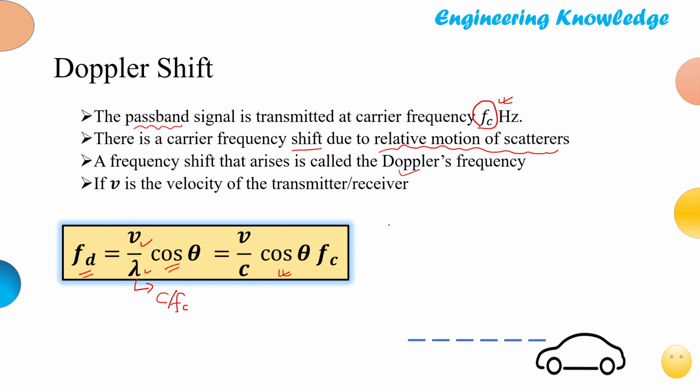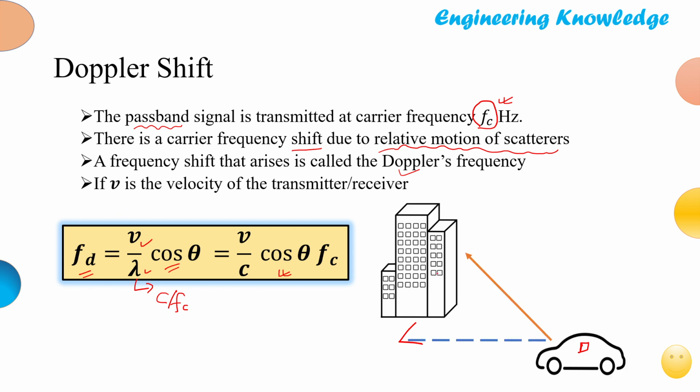If there is a car that is moving in this direction, the user is inside this and is trying to connect to the mobile, then it makes an angle theta here. This angle is between the direction in which the car is moving and the direction of propagation of the signal. So this is theta. So here we define how we can mathematically compute what is said to be the Doppler frequency of the communication system.